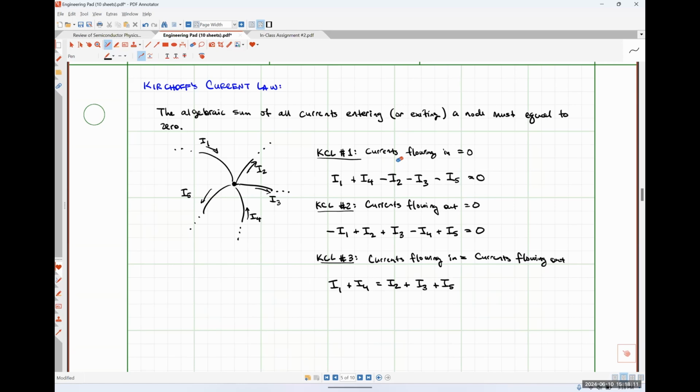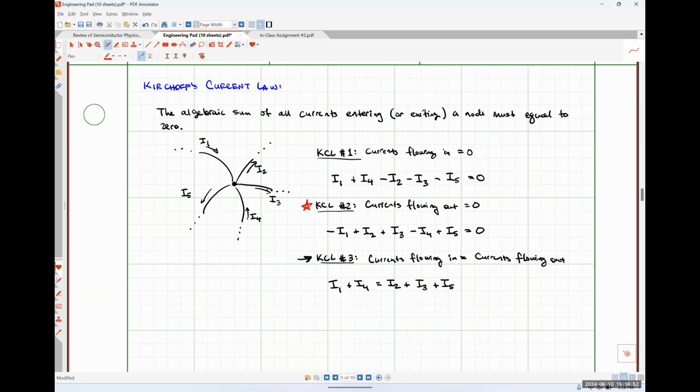So for you guys, right now, you're probably most comfortable with using this relationship: sum of the currents flowing in is equal to the sum of the currents flowing out. If I'm not mistaken, that's what you're taught in the Engineering 120 series. Okay? There is nothing remotely wrong with this representation, and I still use it regularly. However, it is not the one that I use most often. I take this second representation: the currents flowing out of a node is equal to 0.